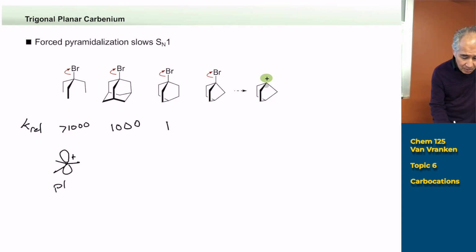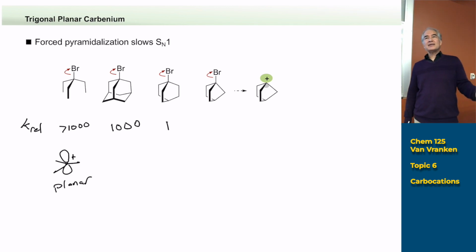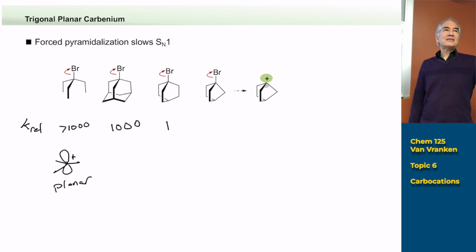Planar, no problem, no hindrance to becoming planar. All these others, because of that cage structure, can't easily become planar. And so it's hard to make an empty orbital when you can't become planar. I get back over to here, where I've tied up the bonds in all these rings. Man, that just cannot planarize. Look what you're stuck with.